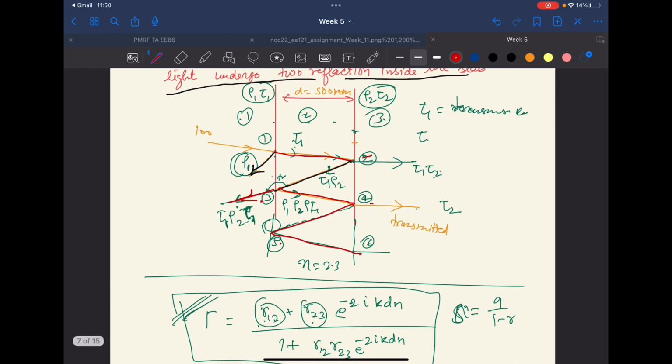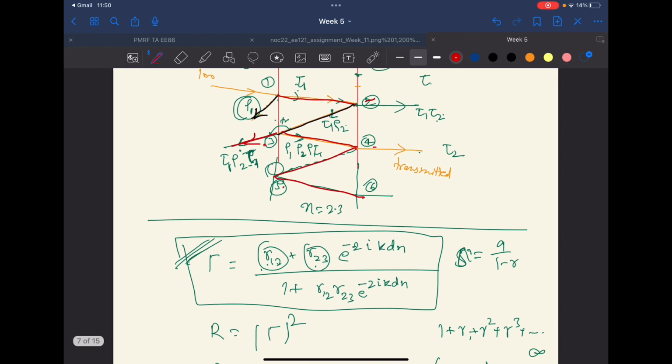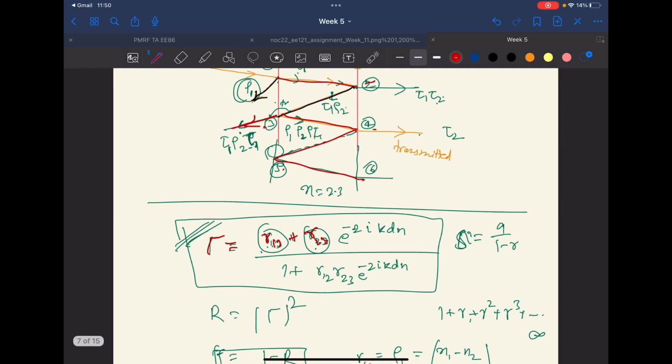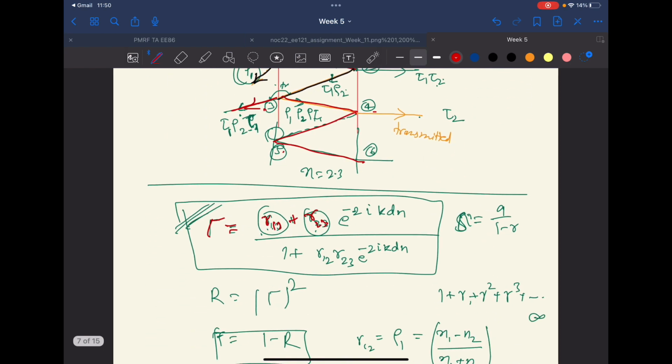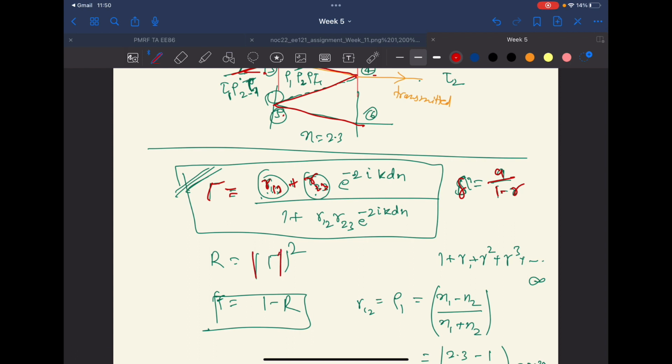So gamma = r12 plus r23 e to the power minus 2i k d n over 1 plus, and this gamma has been derived in the lecture. So delta is 1 upon 1 minus r, r can be gamma square, and t can be 1 minus r.